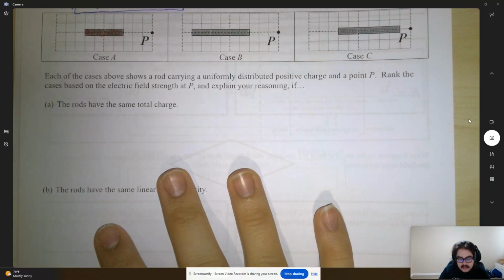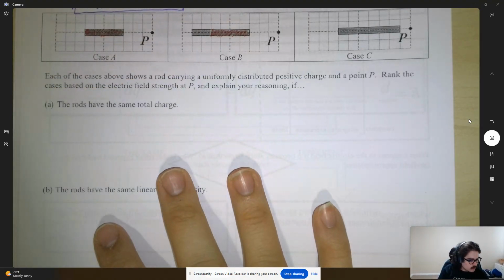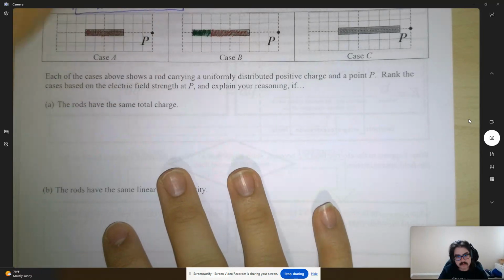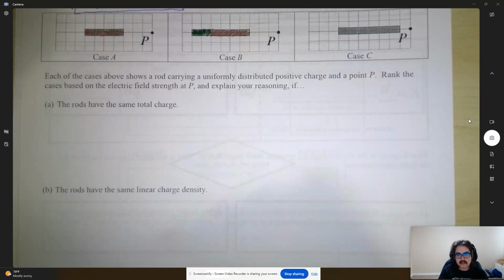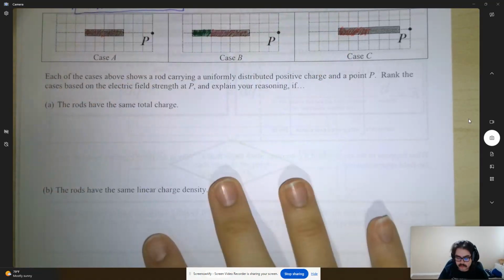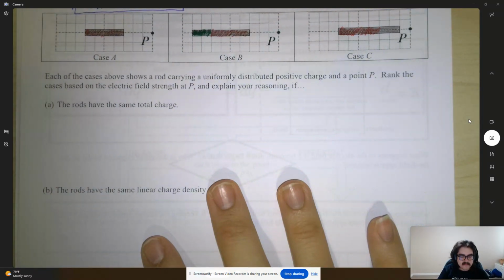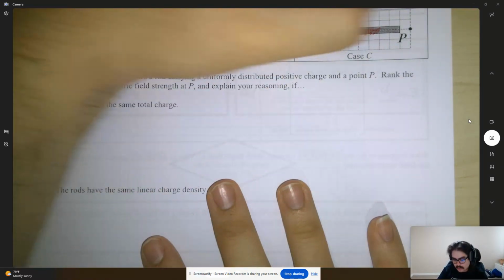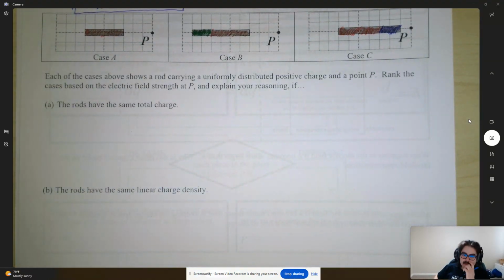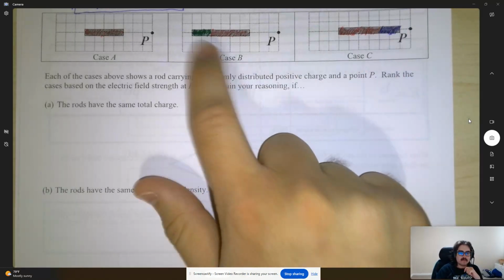In case B, you have the same amount of length of rod, but you also have a little chunk added onto it that's further away from P. In case C, you have the same length of rod as earlier, but now you have a little chunk added to it that's closer to P. If the charges equally distribute themselves on the rod, then in C they have more room to go closer to P. In B, they have more room to go further from it.